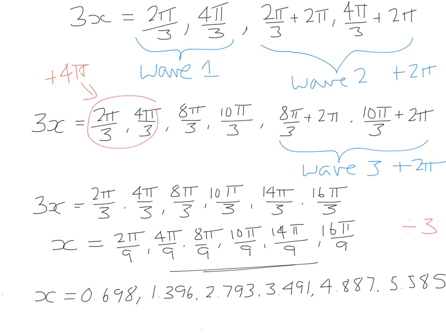So all of our values, if they're to be between 0 and 2 pi, they must be between 0 and 6.28 in terms of the decimal. And if we look here, our highest value or our last value is 5.6. So that is less than 6.28. So we can be pretty confident that our values are correct. And I'll just summarise that on the last slide.